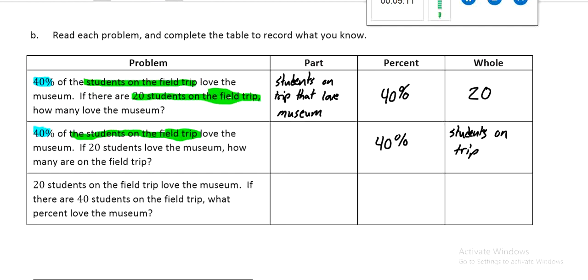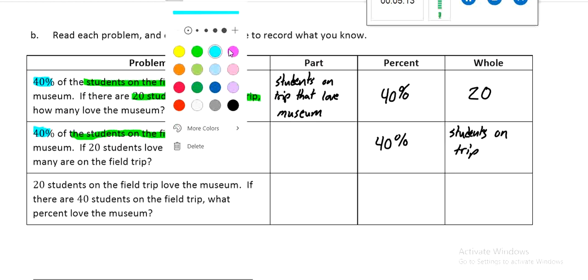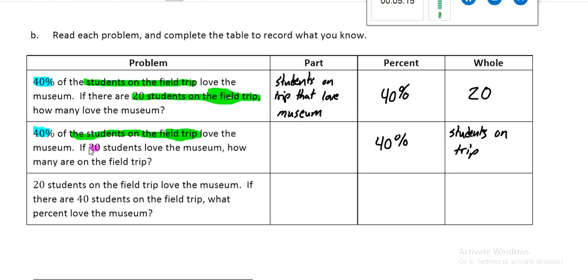They actually give us the number in this case. We see how here it's 20 students that love the museum. It doesn't say 20 students are on the field trip, it just says 20 love the museum. So we'll put the number 20 for the part. The unknown from that one was the whole. Again, we could use that formula to find out what the whole is.